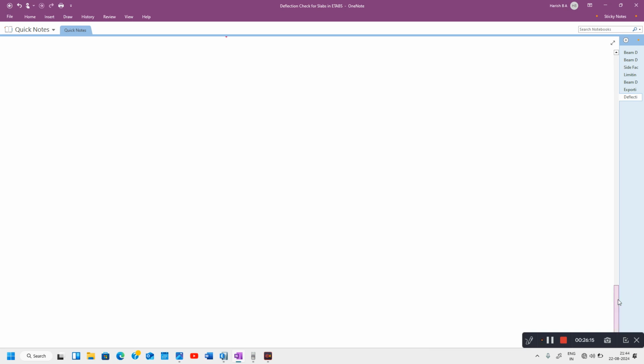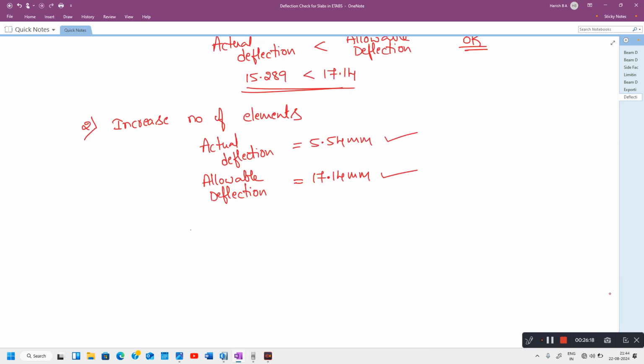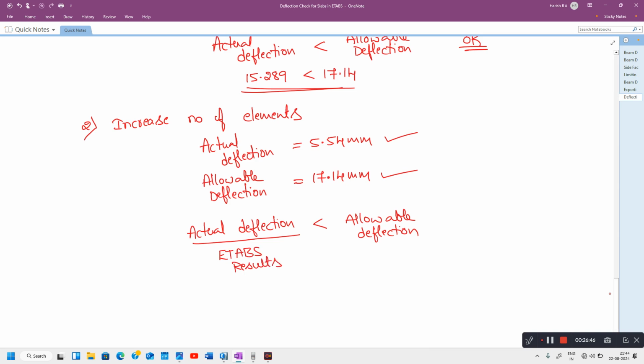So in the second case also, your actual deflection is less than the allowable deflection. The actual deflection is obtained from ETABS results. It should be less than the allowable deflection, which is from the code, span by 350.